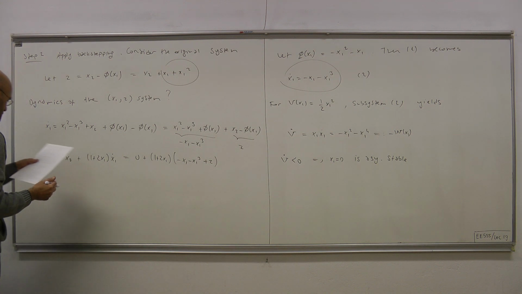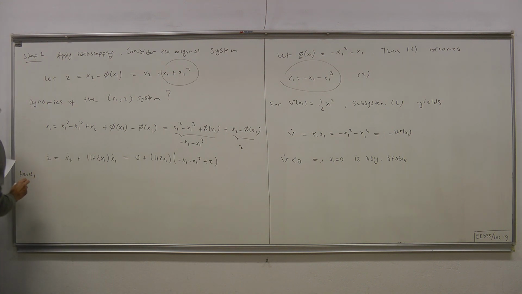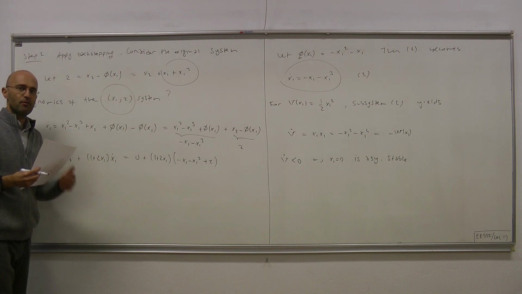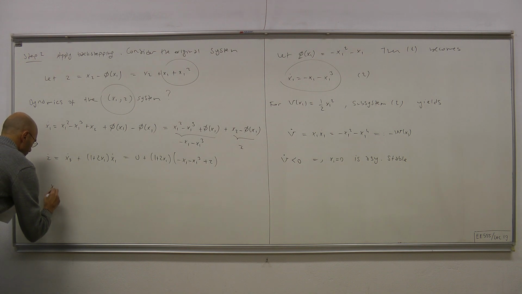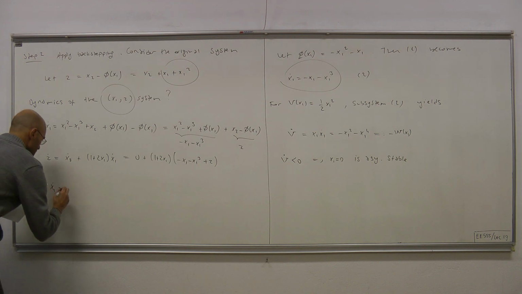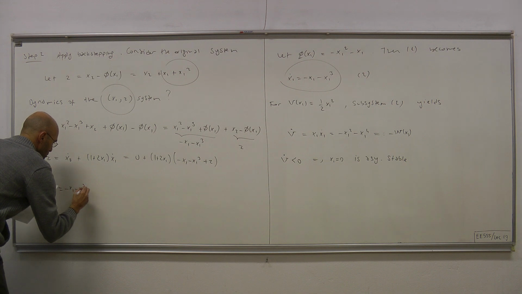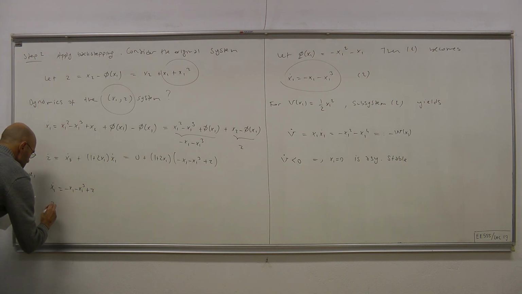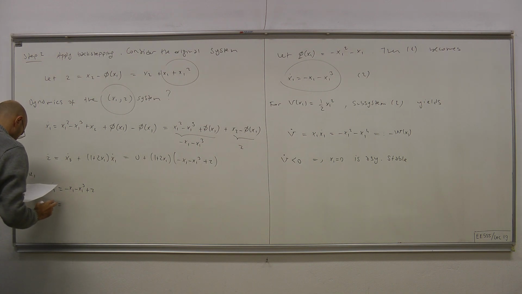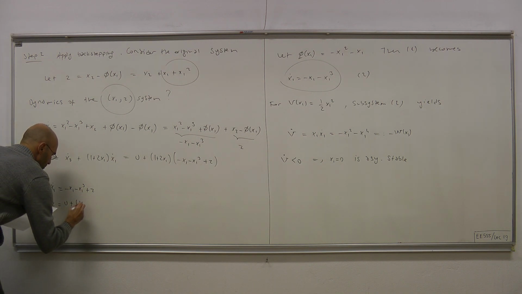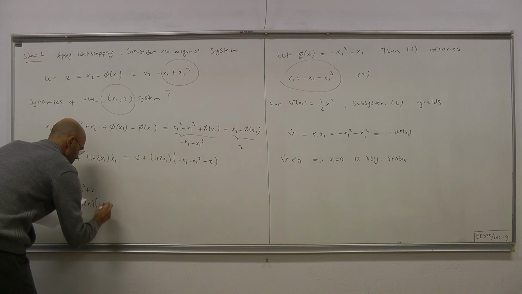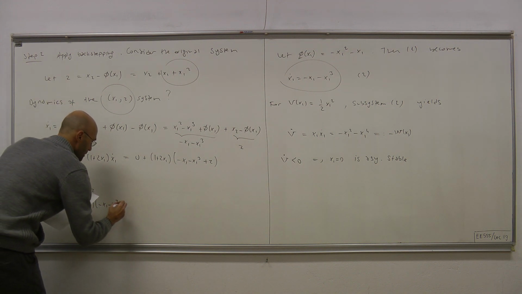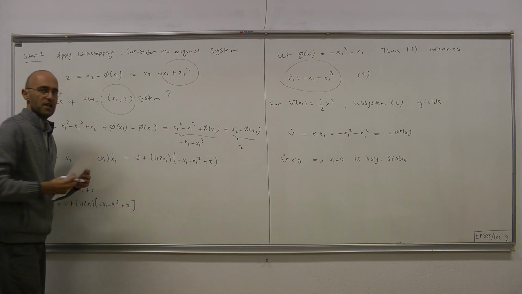Hence, the dynamics of the system in terms of the new coordinates are x1 dot equals minus x1 cube minus x1 plus z, and then z dot equals u plus 1 plus 2x1 times minus x1 cube plus z.